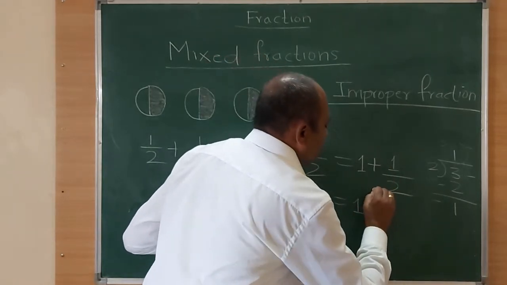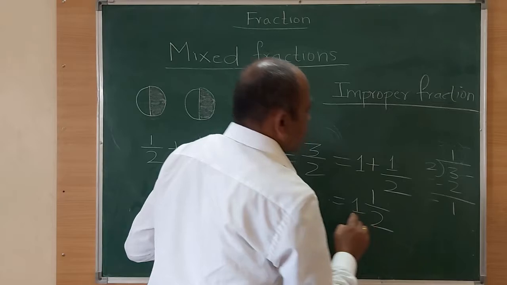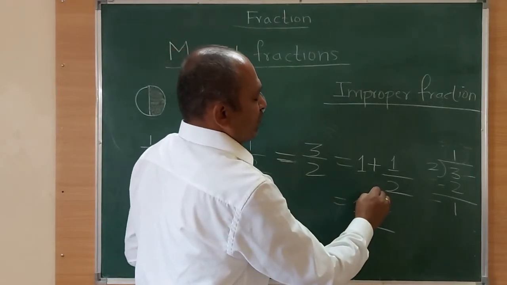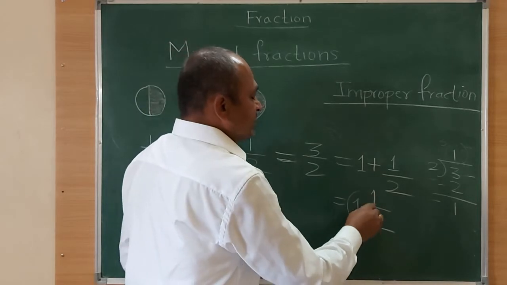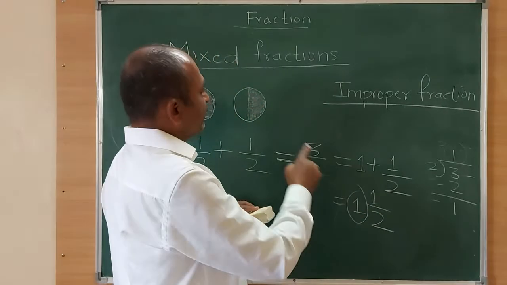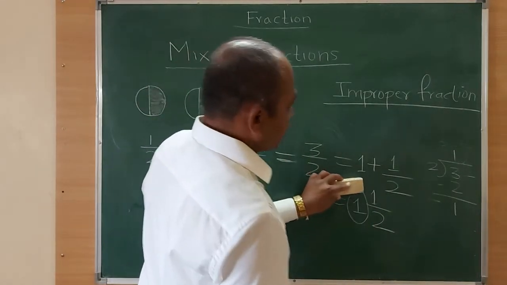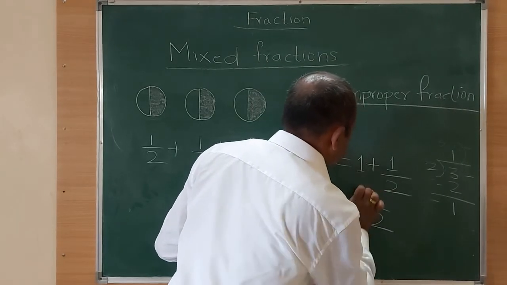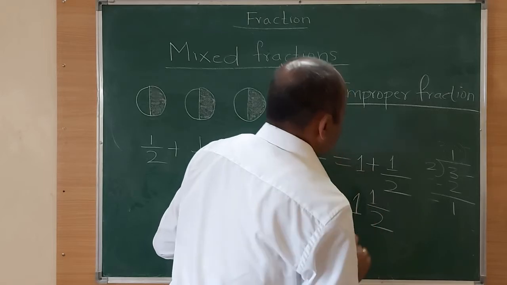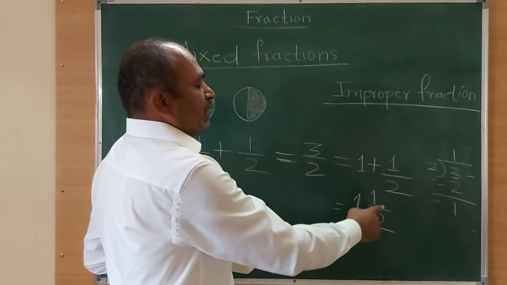We don't write it. So 1 and 1 upon 2. This is the integer part, and this is called a mixed fraction. 1 and 1 upon 2.